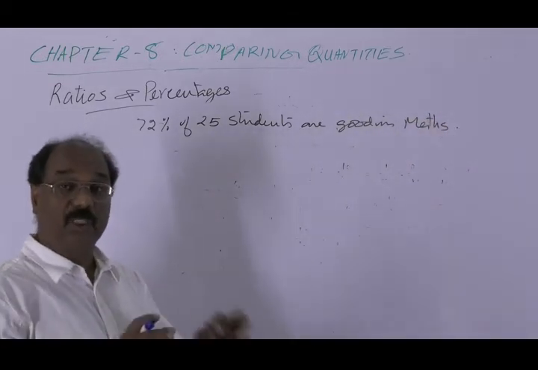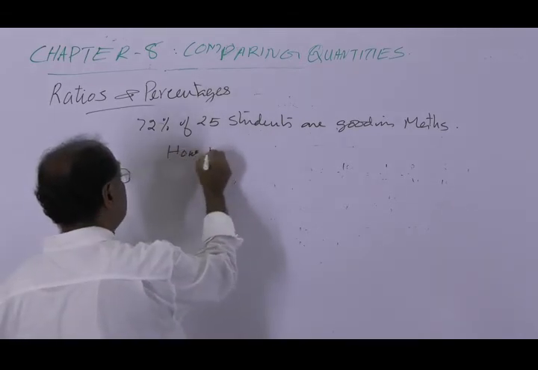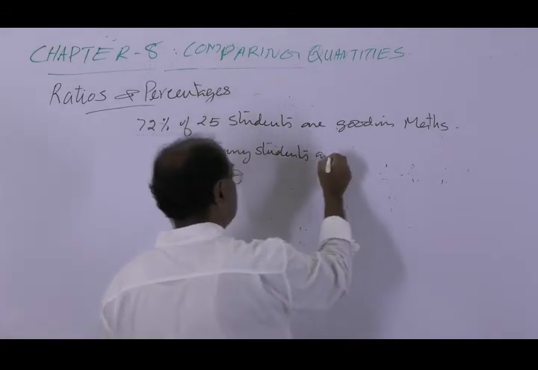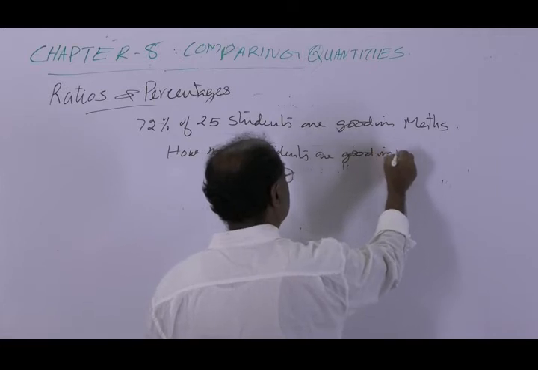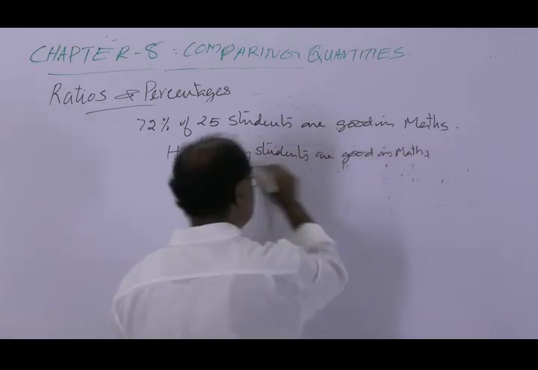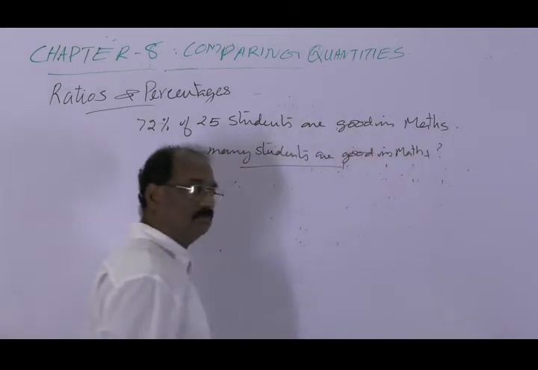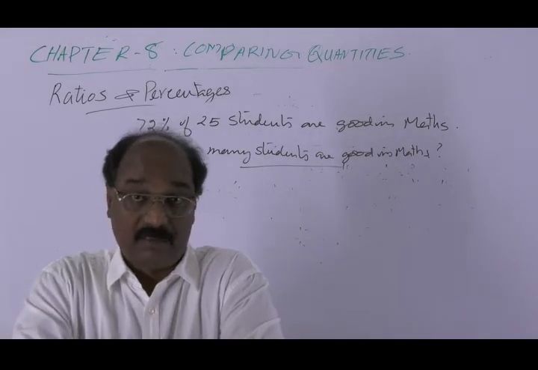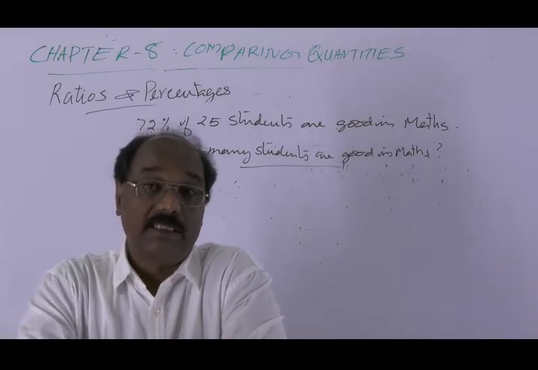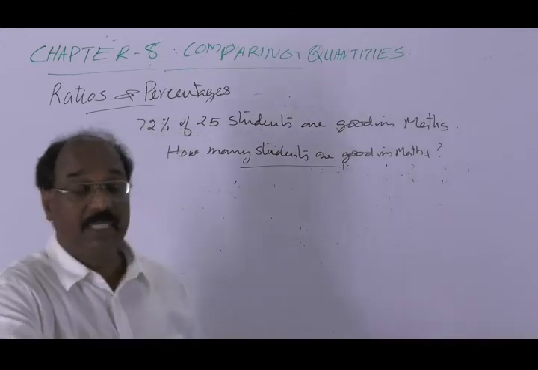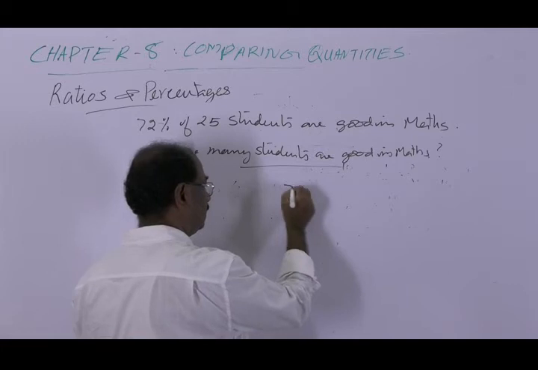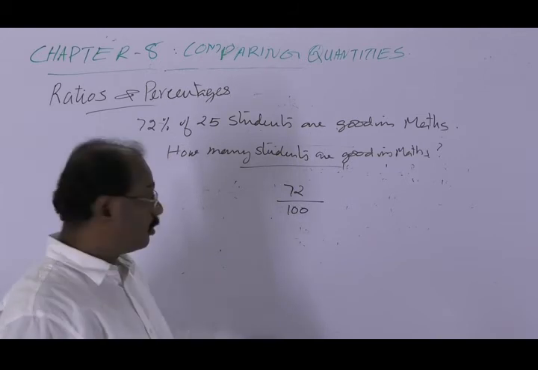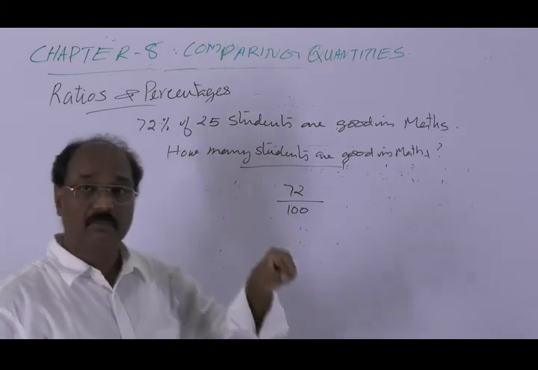Suppose you want to find the actual number of students, how many students are good in maths. Only the percentage is given. So this 72% means 72 by 100. That is, out of 100 students, 72 are good in maths.